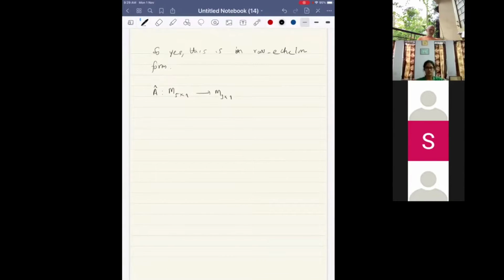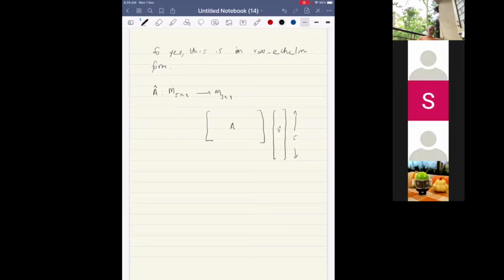Because what it does is it takes a column vector of length 5, and this is the matrix A, this is the vector V, and this is AV, which I called V prime. So this is of length 3.